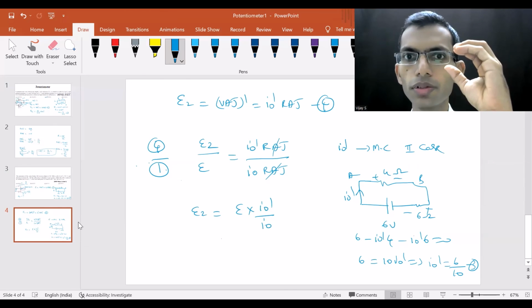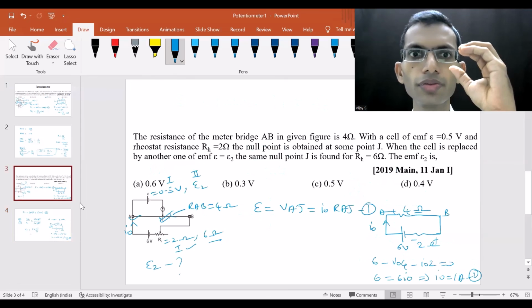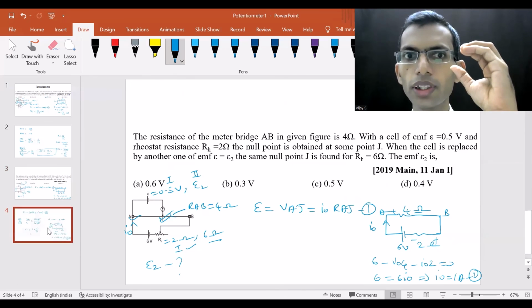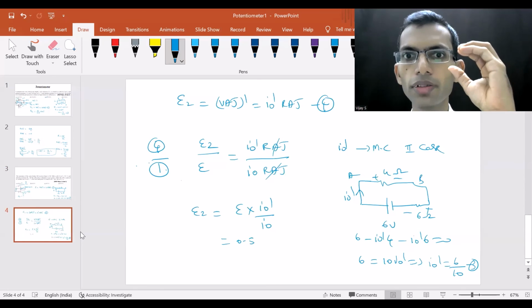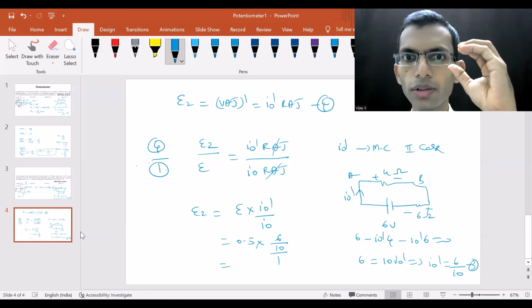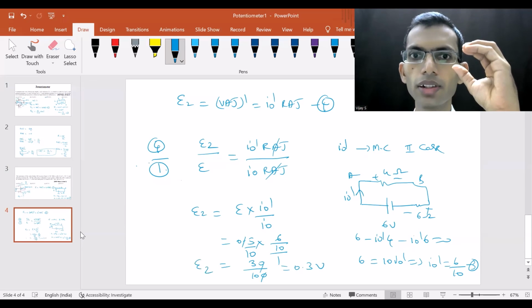We know E is 0.5, and I0 is 1 ampere. I0 dash is 6 by 10. So we get 0.5 times 6 by 10, which is 5 by 10 times 6 by 10, giving 30 by 100, so 3 by 10, that is 0.3 volts. So the E2 answer is 0.3 volts.